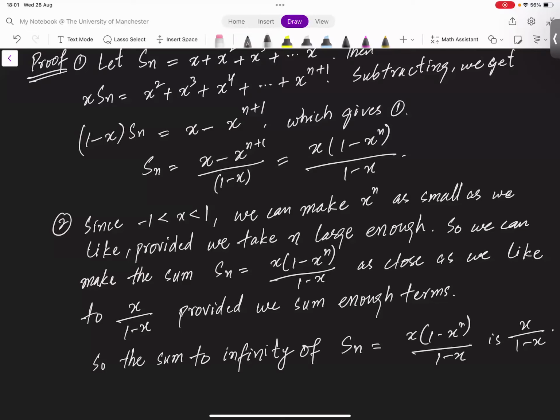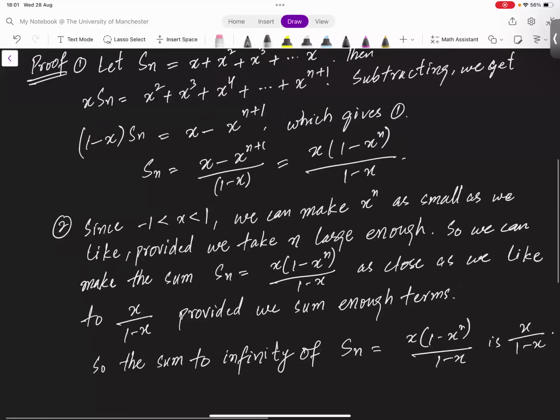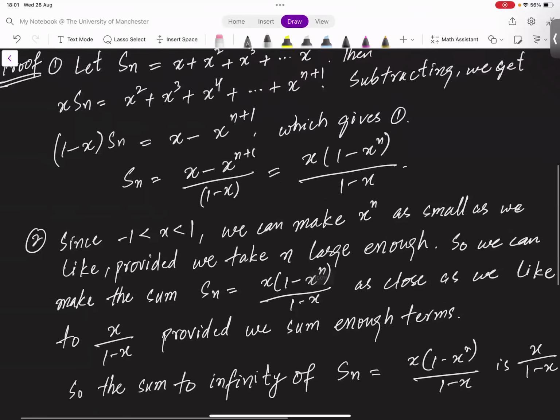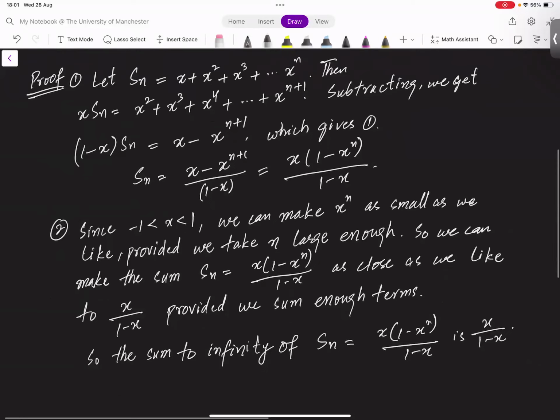Now let's write x equals 1 over 10 in the proposition given above.